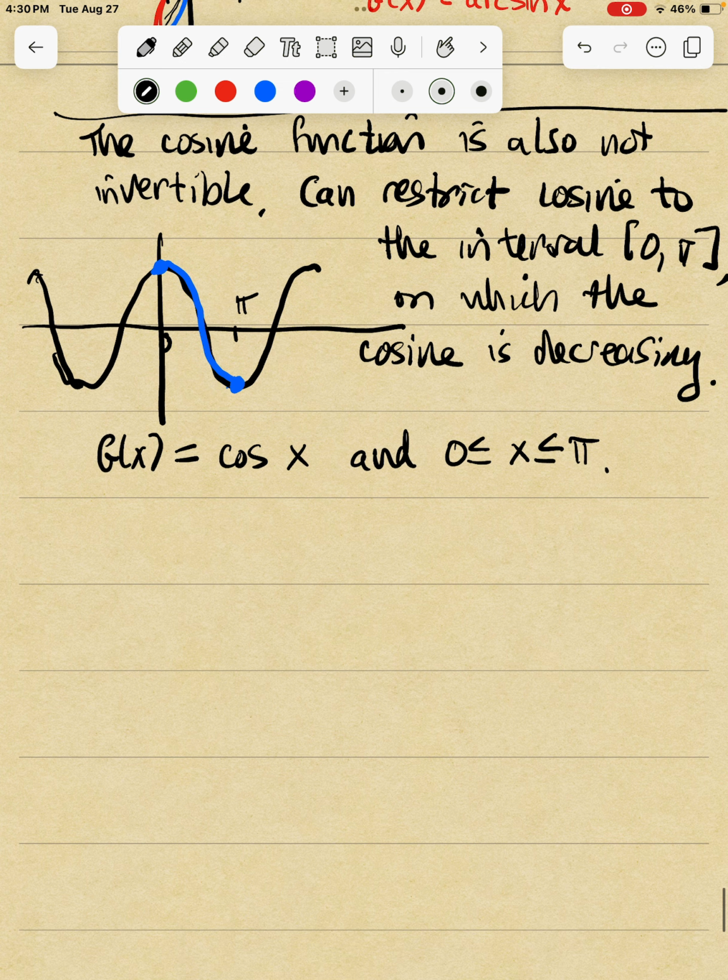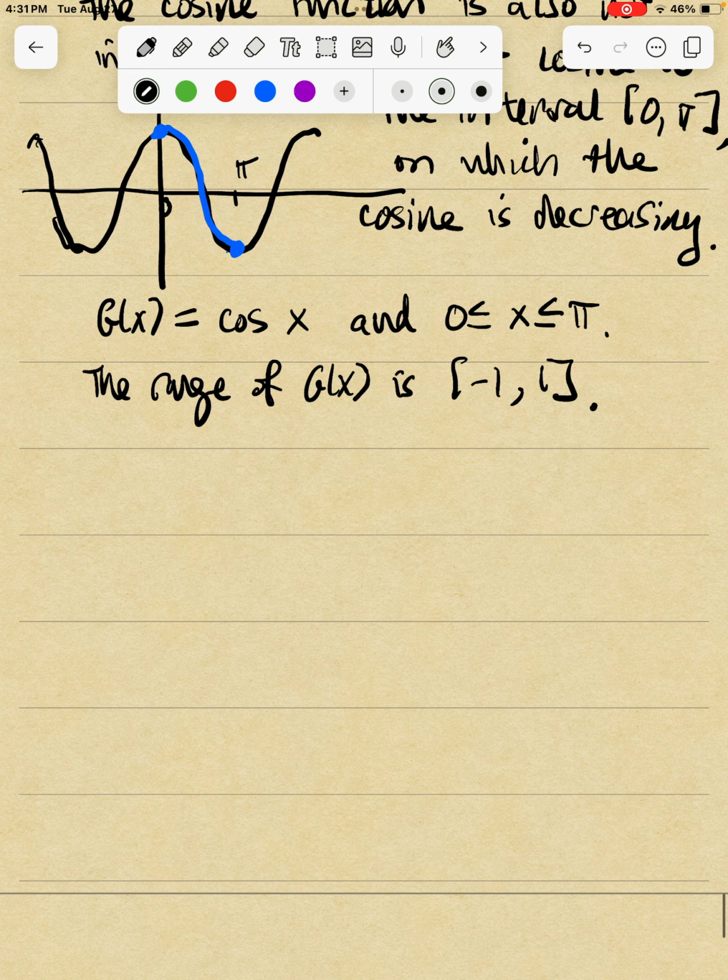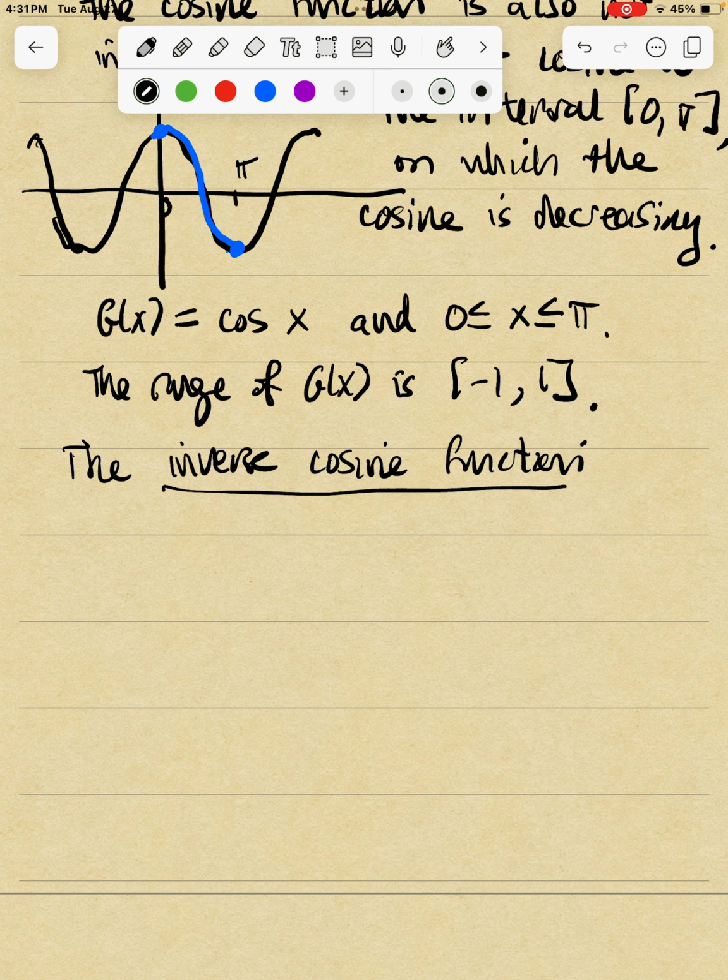Well, this function is invertible, and the range of g of x is from -1 to 1, right? So now we define the arc cosine, or cosine inverse, to be the inverse of g.